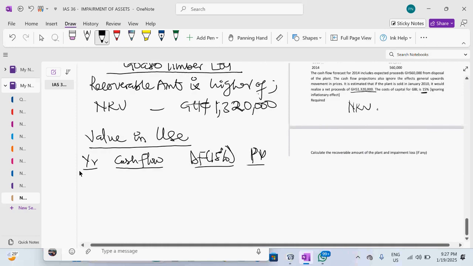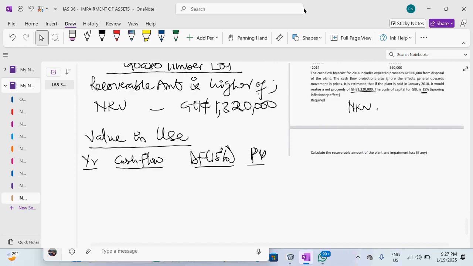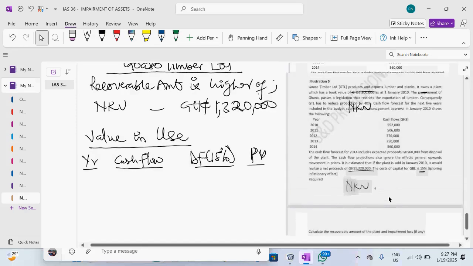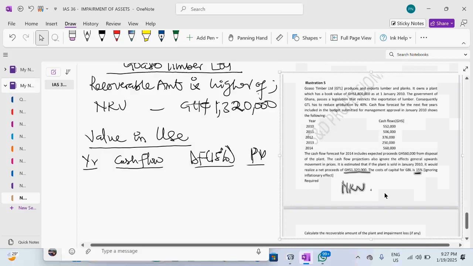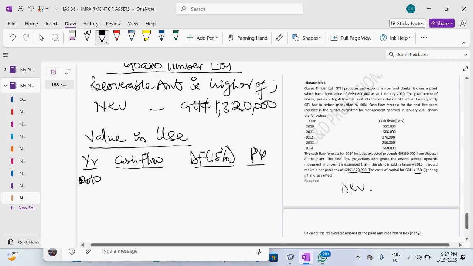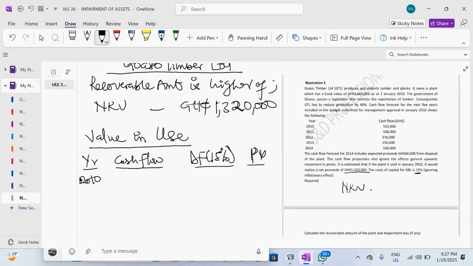Now, what is the first year? 2010. What is the cash flow for 2010? 552,000.